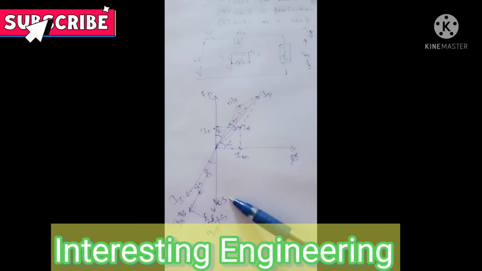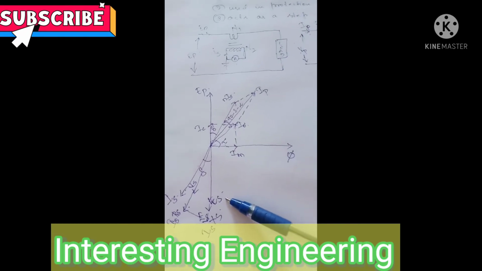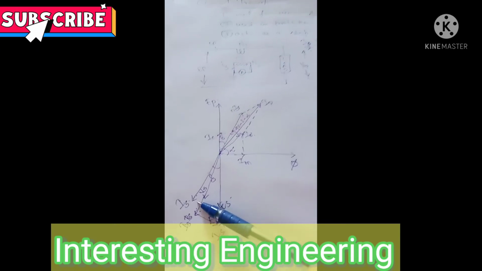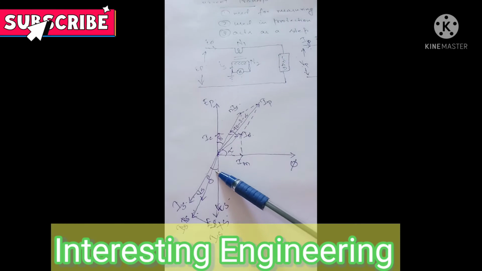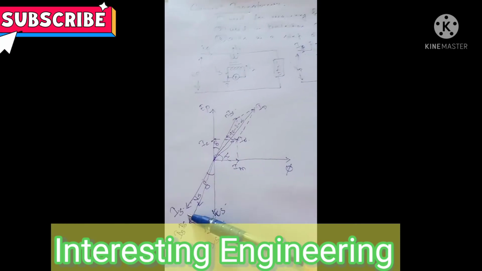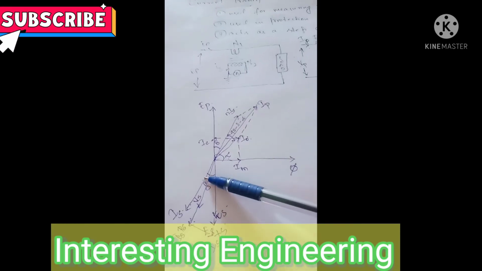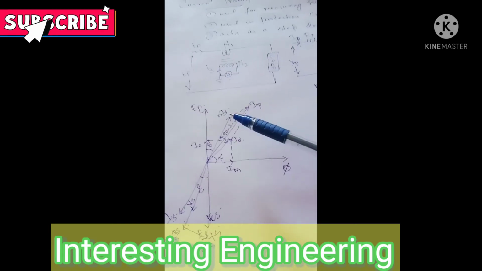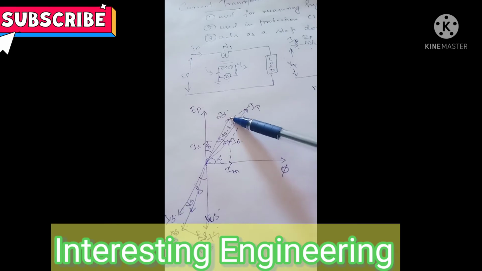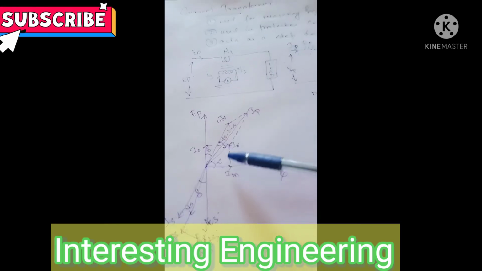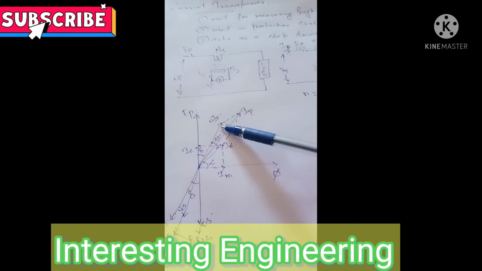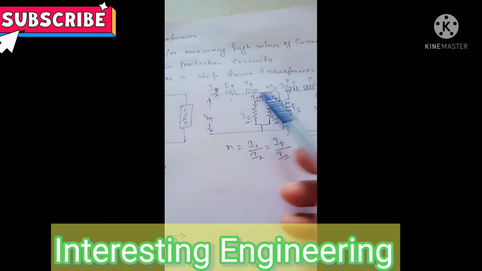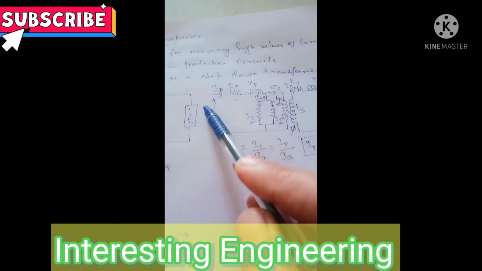And due to the ES there flows current IS, so there will be a phase difference of delta, and when this IS is extended over the primary side, we represent it as NIS. When we combine this NIS, here we have NIS, here we have I naught. So the combination of NIS and I naught will be IP.